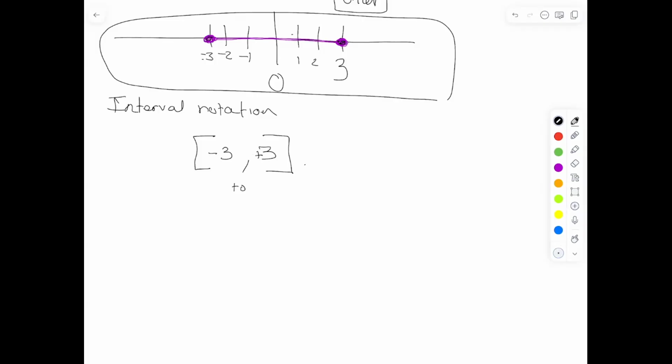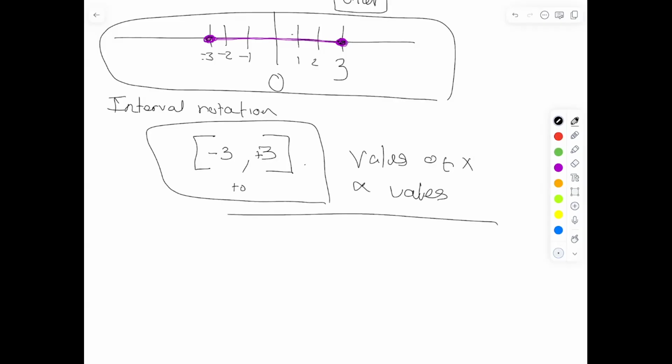That +3 would have been a parentheses. You understand? This is values of x. Or x values, okay?